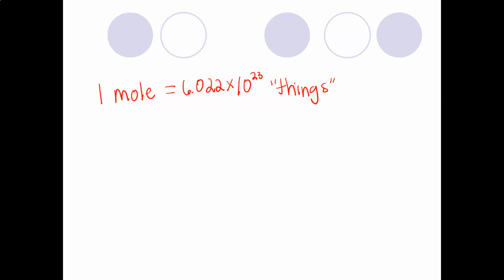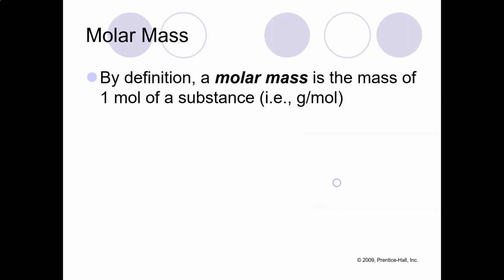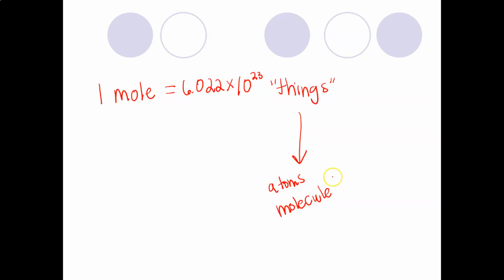In the last video, we practiced doing some calculations starting with moles or solving for moles. Typically, the things that we're looking at in these problems are going to be atoms or molecules. They could be things like electrons or protons or neutrons, very, very small things.